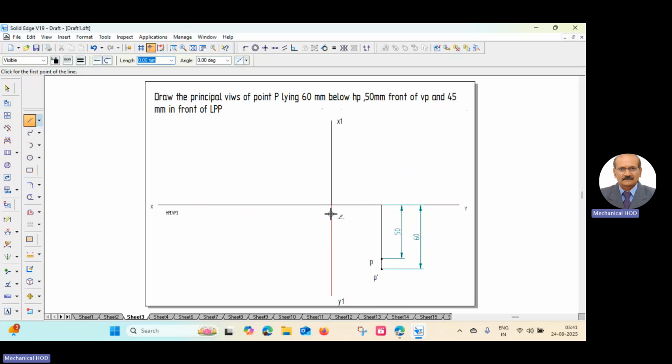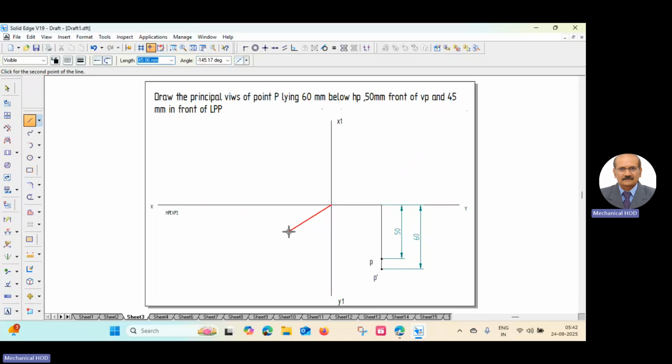You can see a symbol adjacent to the cursor that indicates the cursor is on the line. Further scroll up, you'll get a ball point symbol, called the endpoint symbol, meaning the cursor is on the tip of that line. The moment you get that, left click to select that point. This is the starting point of the 45-degree line.